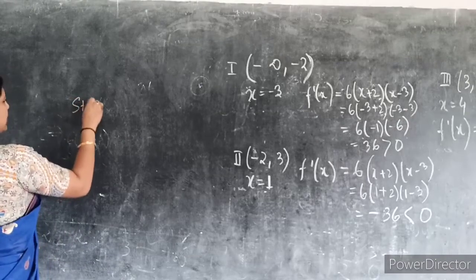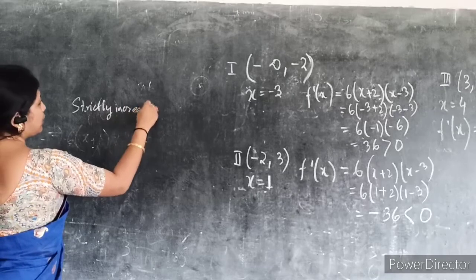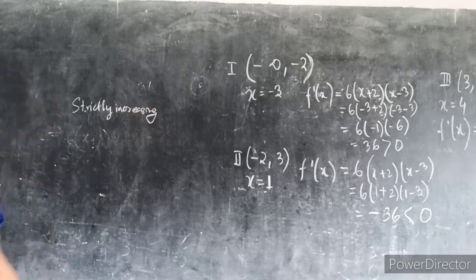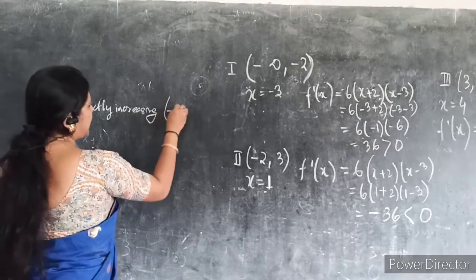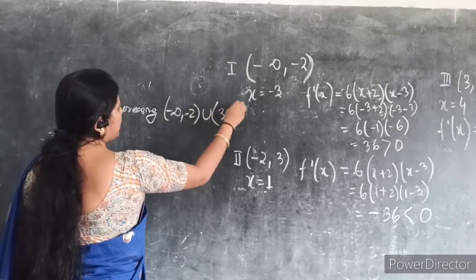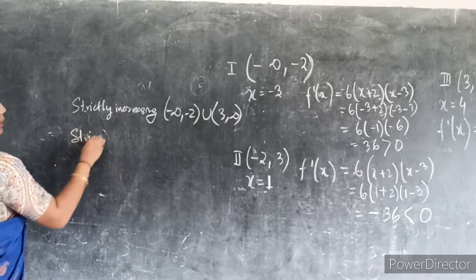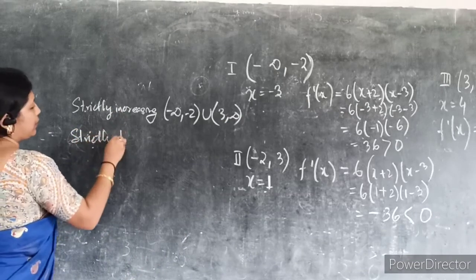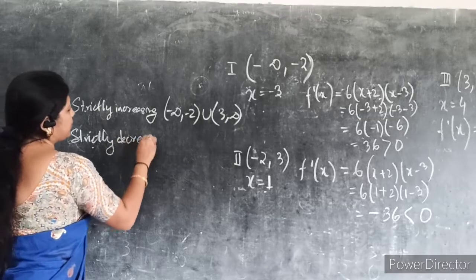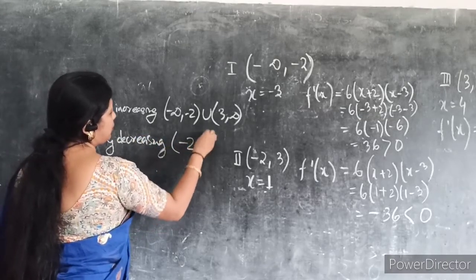So strictly increasing will be the interval minus infinity to minus 2 union 3 to infinity. Okay? And strictly decreasing will be minus 2, comma 3.